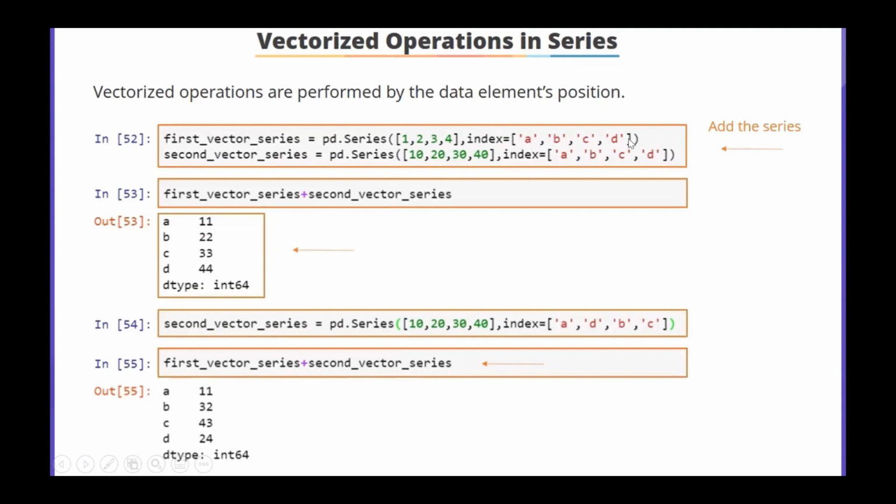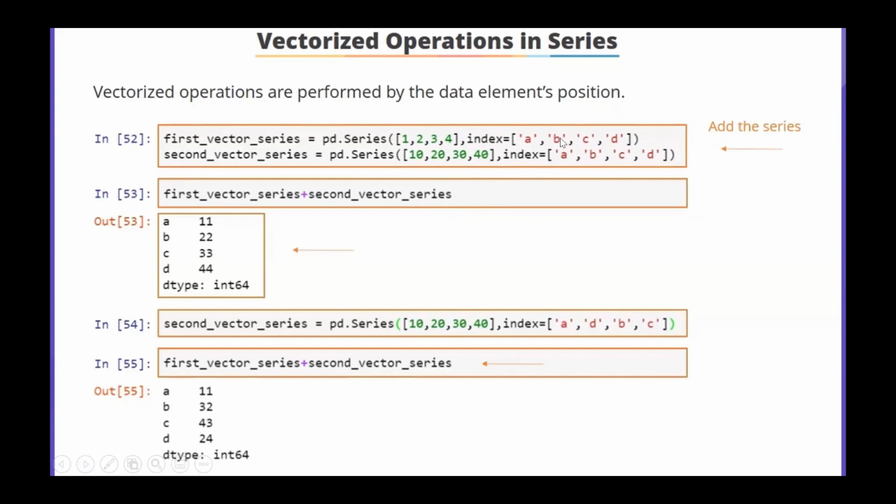A, B, C, D है यहाँ भी, and the other one is also A, B, C, D. If you have the same index for both the containers, when we add them, so you are going to add the corresponding value. Like say it becomes 1 plus 10 is 11, 2 plus 20, 22, 3 plus 30, 33, 4 plus 40, 44. So likewise, we can do addition of the value if we have the same index.